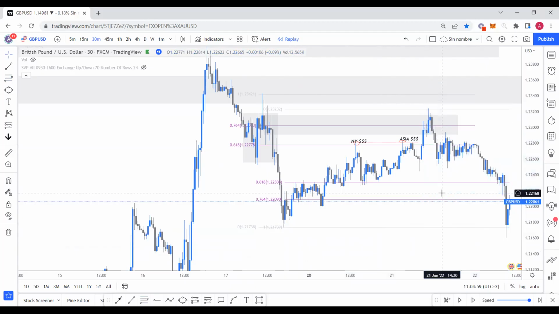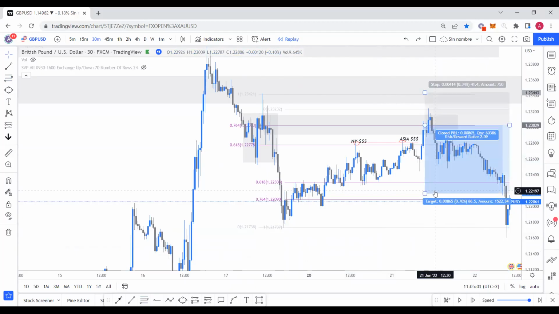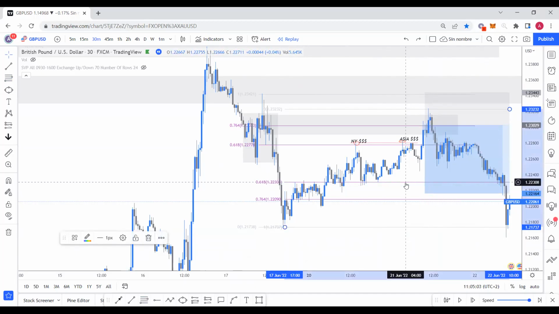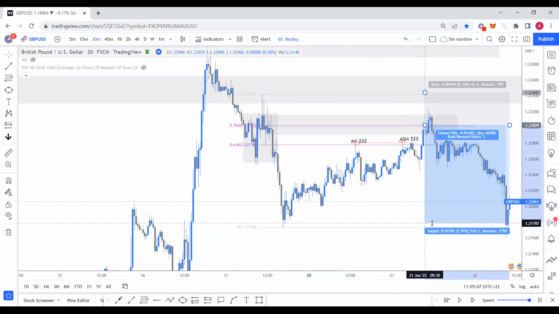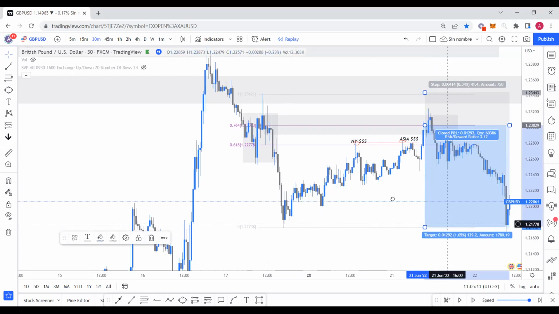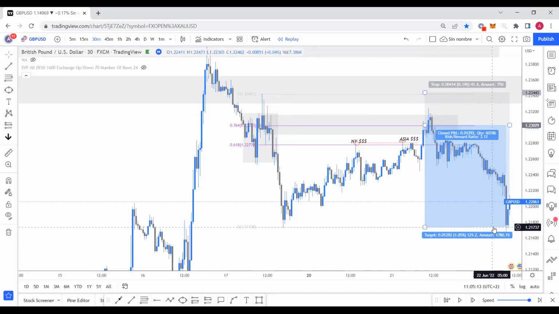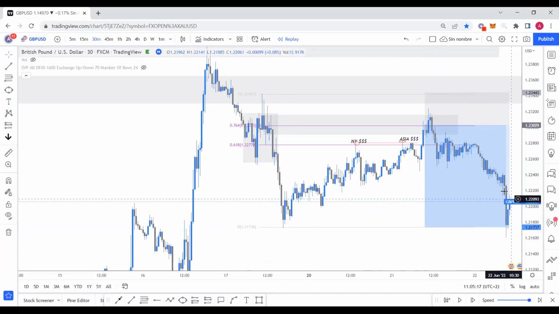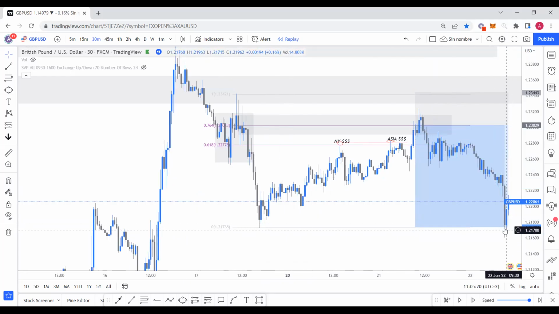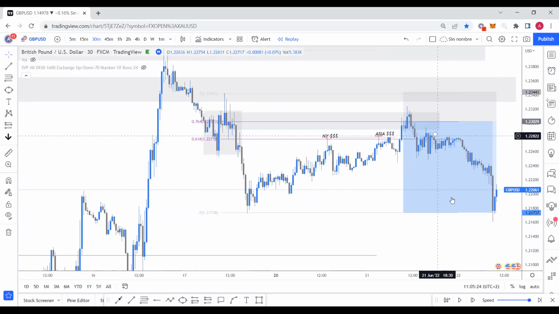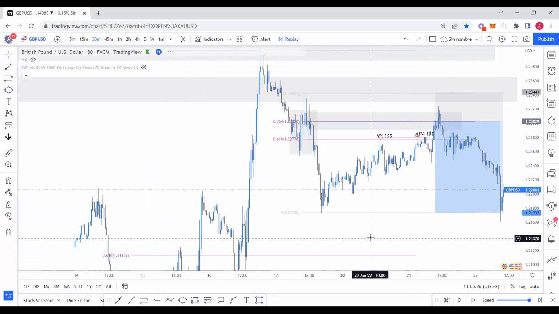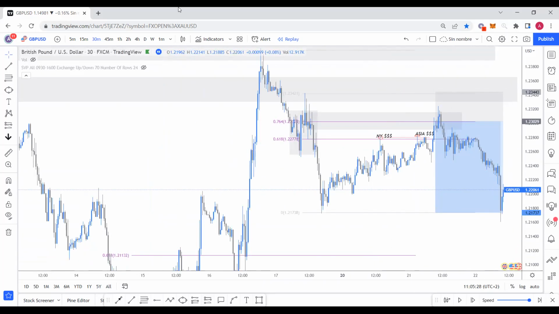Then I will leave some running for the 1 to 3, the main take profit, which is the last low. Here I will close absolutely everything, or 95%, and I might leave 5% running in case price, if it's gold, goes for a 200 pip or 300 pip move. So this is how I plan my trades out.